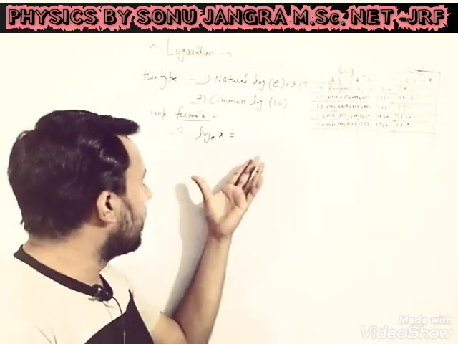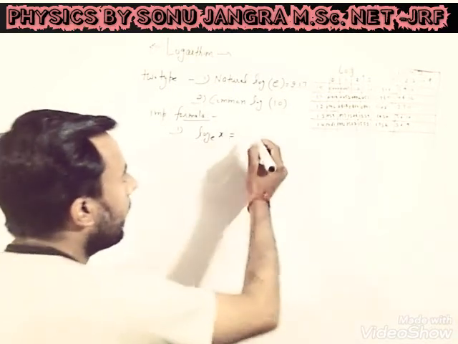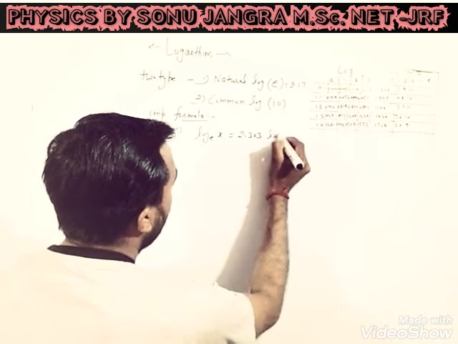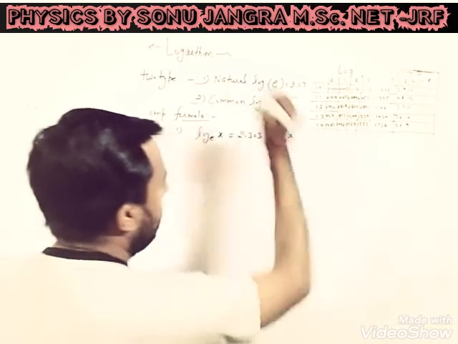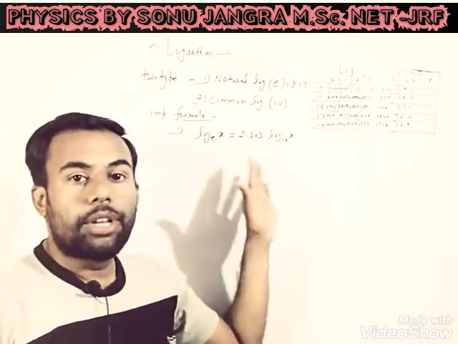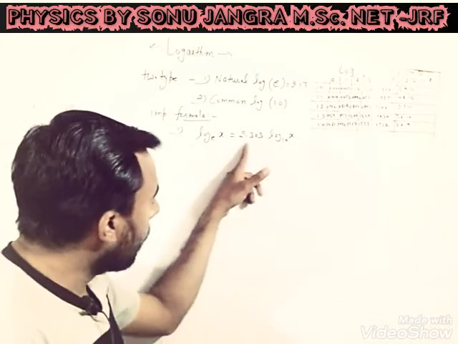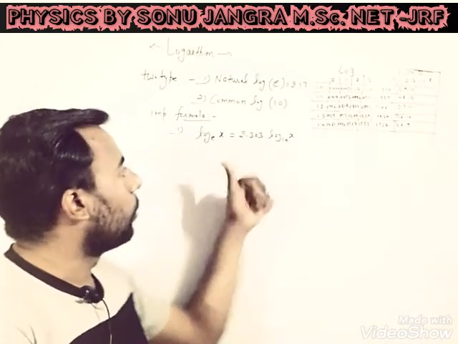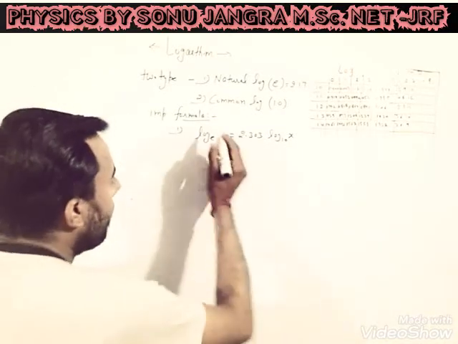If we change this to base 10, then we multiply by 2.303 log of 10 into x. This is the value converted to log of base 10. So 2.303 is a constant which converts log of base e to log of base 10. This is a very important formula.